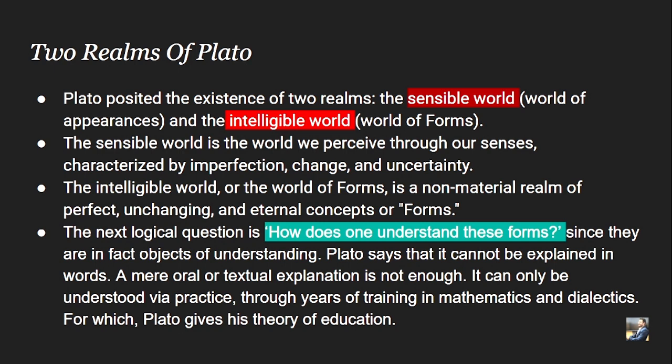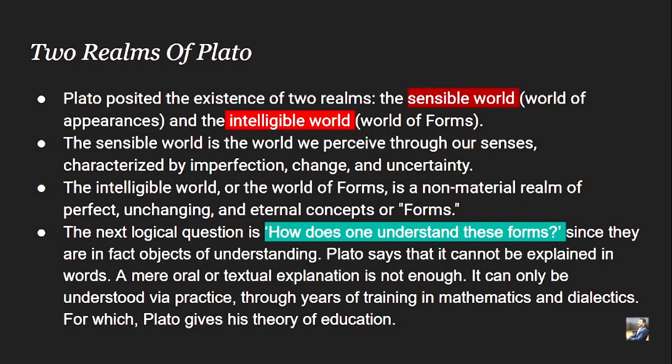The sensible world is the world we perceive through our senses, characterized by imperfection, change, and uncertainty. So here he is giving a reasoning to Heraclitus's idea that there is a sensible world which is only changing, like change is the only characteristic of the world. Here Plato is expounding the idea of the sensible world, in which change is the only characteristic.